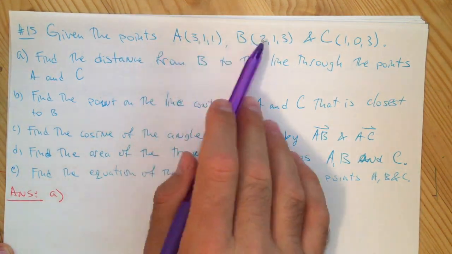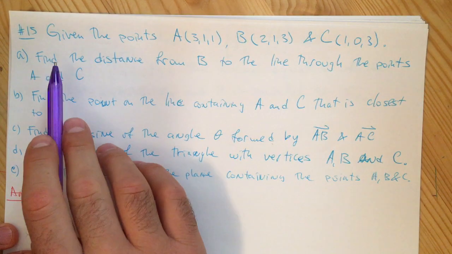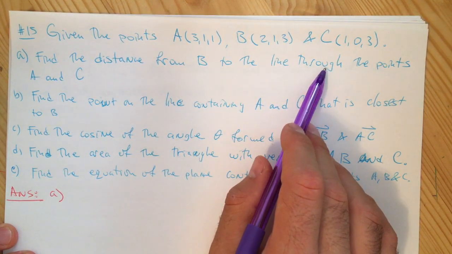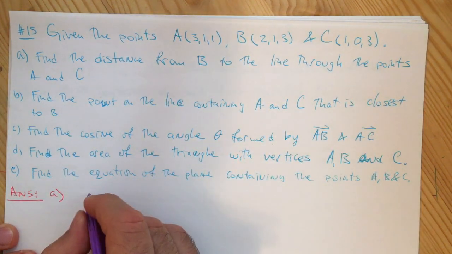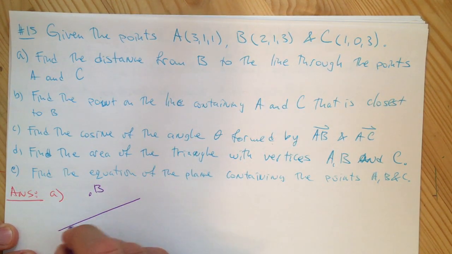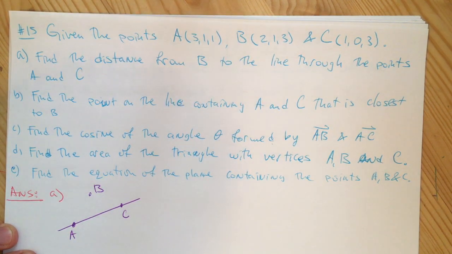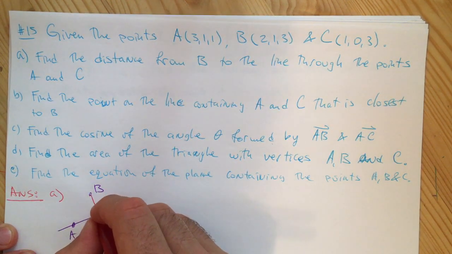The first question is find the distance from B to the line that goes through the points A and C. So if this is B, and this is A, and this is C, we're asked how much is this distance.